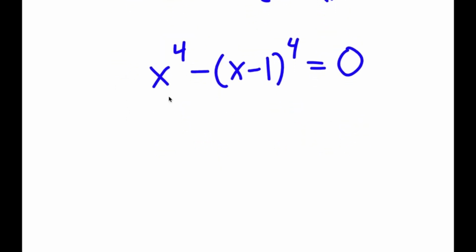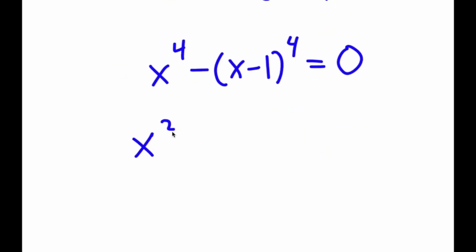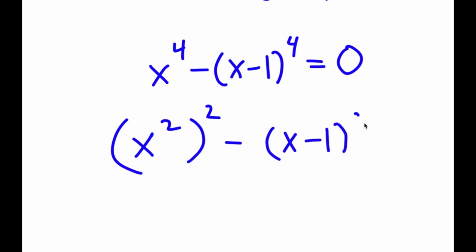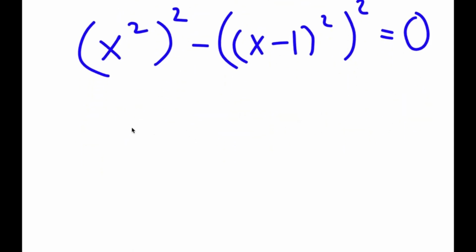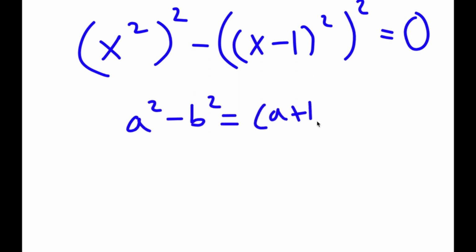Now, x to the power of 4, that's the same thing as (x squared) to the power of 2. And (x minus 1) to the power of 4, that's the same thing as ((x minus 1) squared) to the power of 2. So now this is equal to 0. Now, if I have something in the form a squared minus b squared, this is equal to (a plus b) times (a minus b).